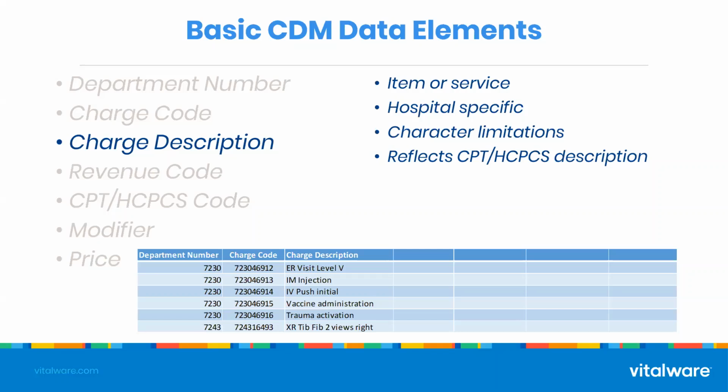Each hospital's patient accounting system also has its own set of character limitations. So I would say the average of what we see is somewhere between 26 and 36 characters, meaning that you can only build a description that holds 26 to 36 characters, including spaces.